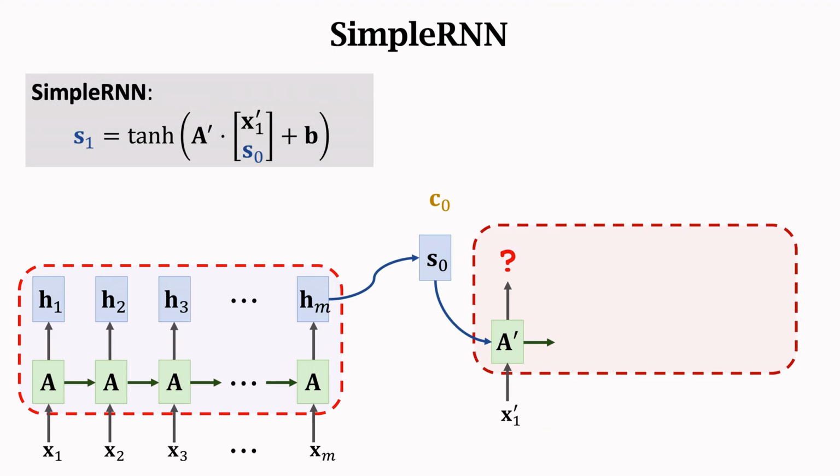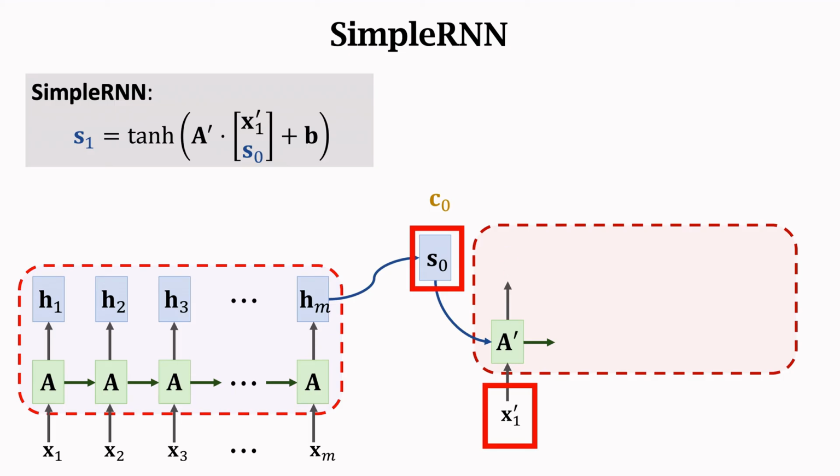This is how the SimpleRNN updates its state. The SimpleRNN uses a new input x'1 and the old state S0 to compute the new state S1. Look at the figure. X'1 is the new input. In the machine translation application, it is the start sign. S0 is the old state of the decoder RNN.